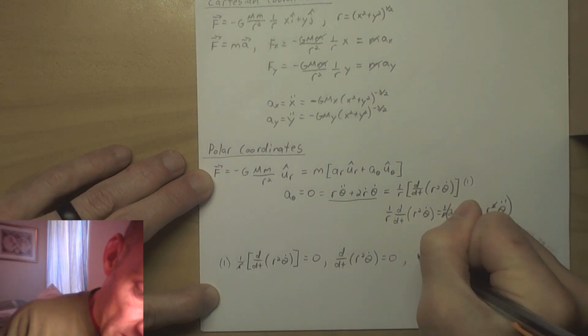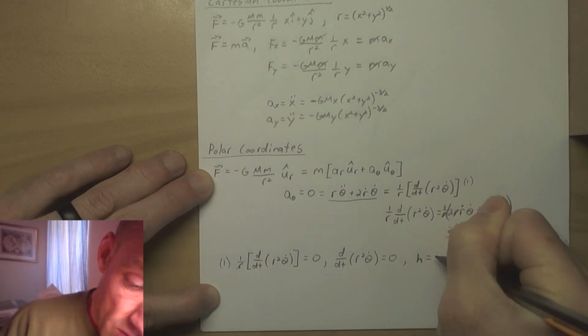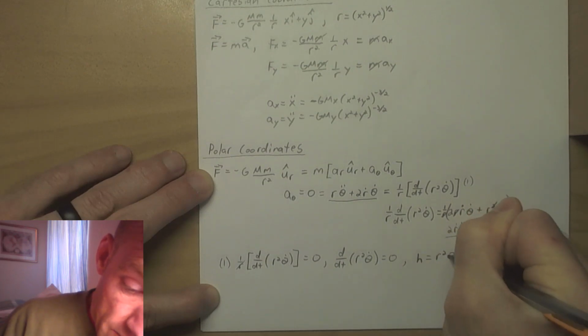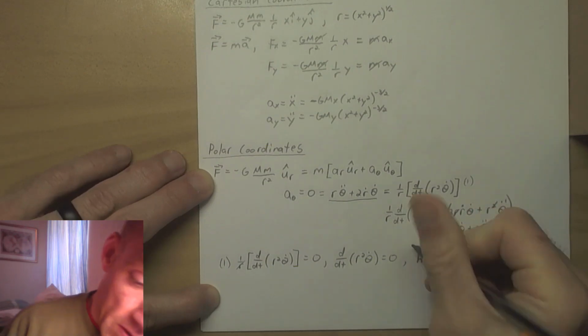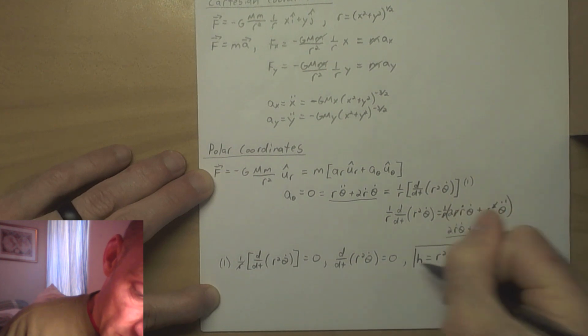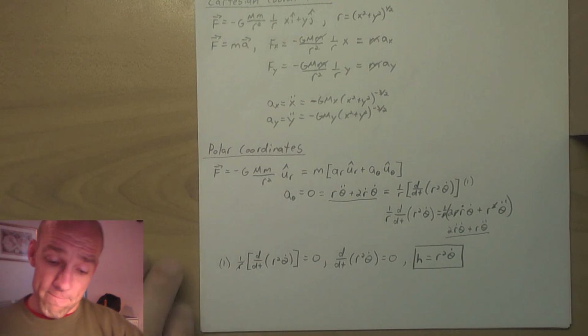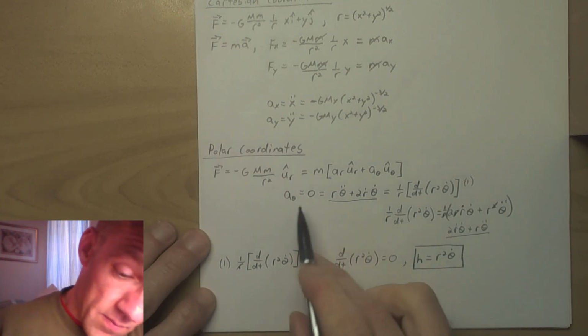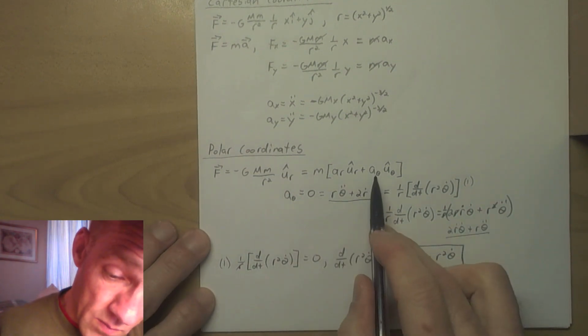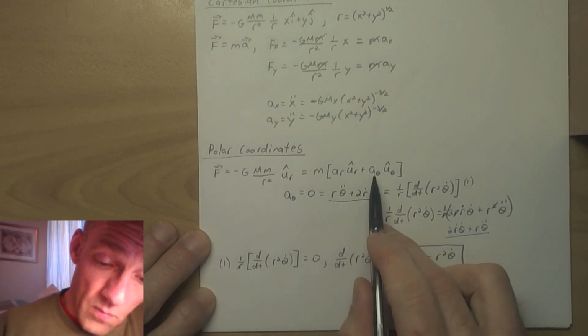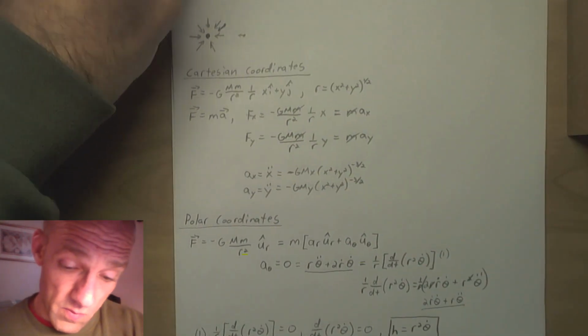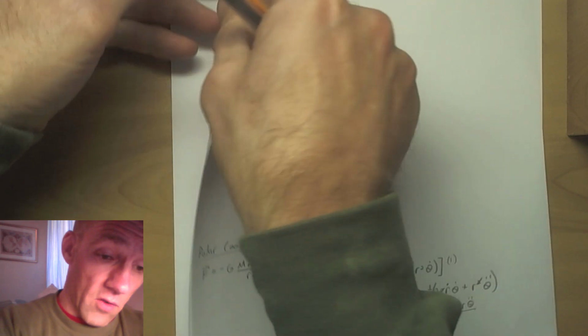So we just give it the constant of integration, h, that's what they used in the book. All right. So this is going to wind up being an important fact later on. Okay. So that's for a theta, the acceleration in the theta direction.